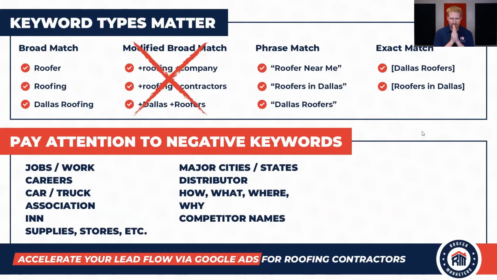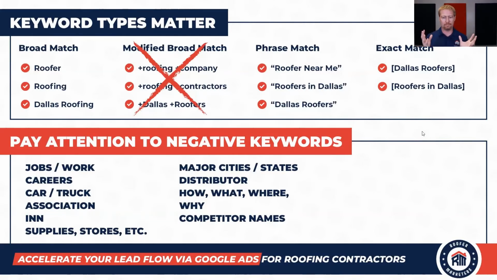So in broad match, let's just talk about maybe the search term roofing company, right? If you have a broad match for roofing company, your ad could be triggered for things like best roofing business, tile roof replacement, roofing companies in Florida, and just many other searches.